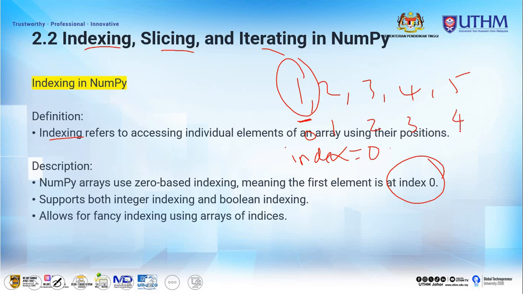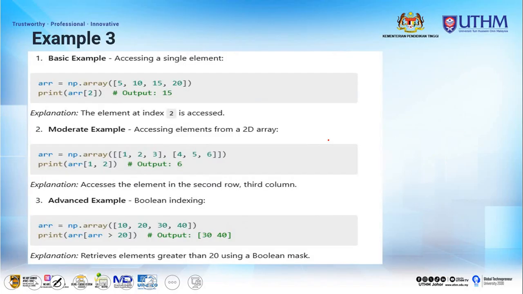So when you count, there are 5 elements, but the index starts at 0. Remember this. Okay, for example, accessing a single element, array[2]. So 2 means start with 0, 1, 2. So the answer is 15. Explanation: the element at index 2 is accessed.